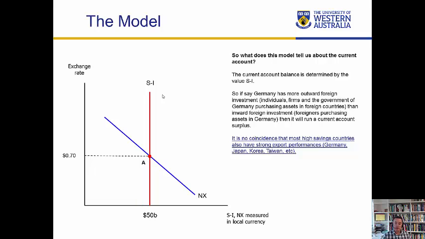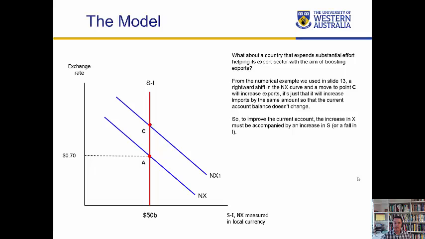So what I've done there is use this model to illustrate a number of different things. Hopefully now you understand what the model is all about and how you will have to use it. The way you will have to use it is to move the NX and the S minus I curves around and explain how the economy is adjusting.